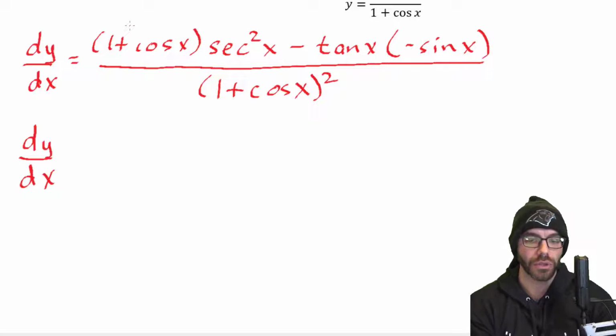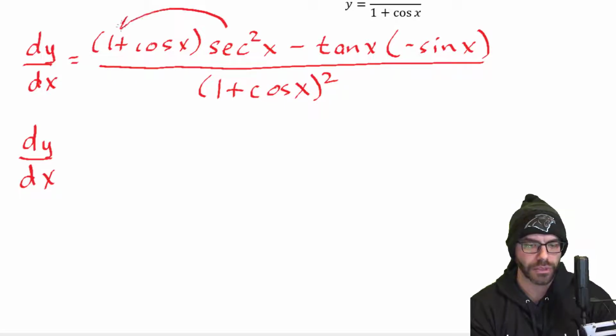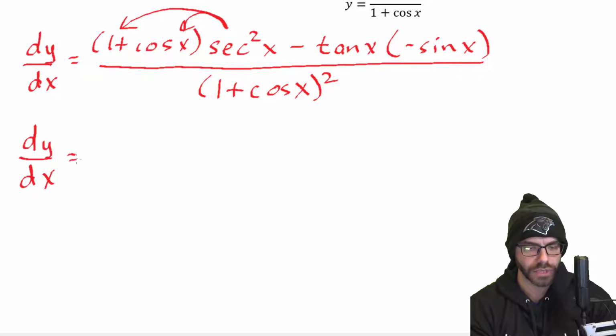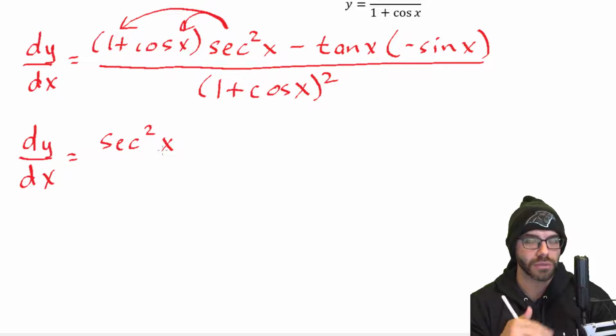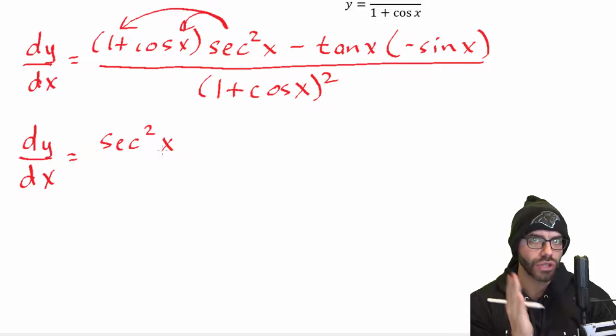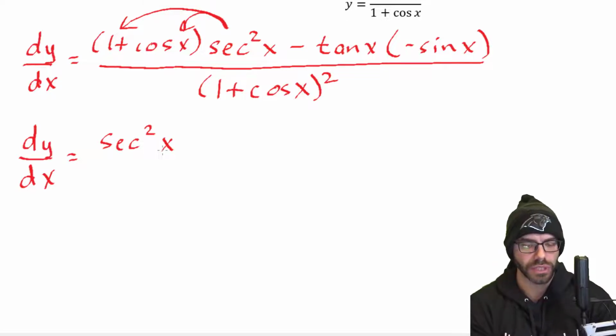So the first thing we want to do is distribute that secant squared. If I multiply secant squared by 1, of course that's secant squared x. Secant squared times cosine x. We'll keep it written secant squared x times cosine x now, but you should know that cosine x and secant x are reciprocals. And so in a second, we're going to change the way that secant squared is written.